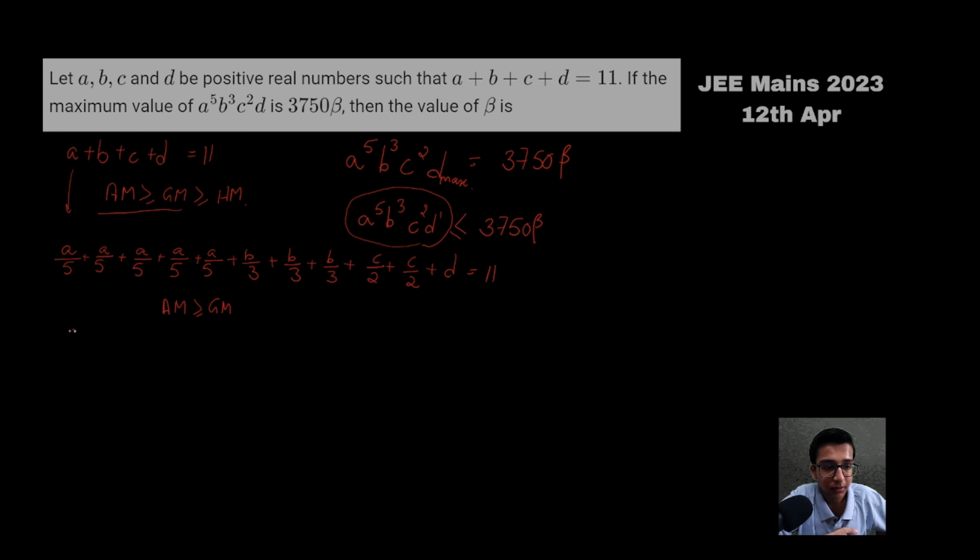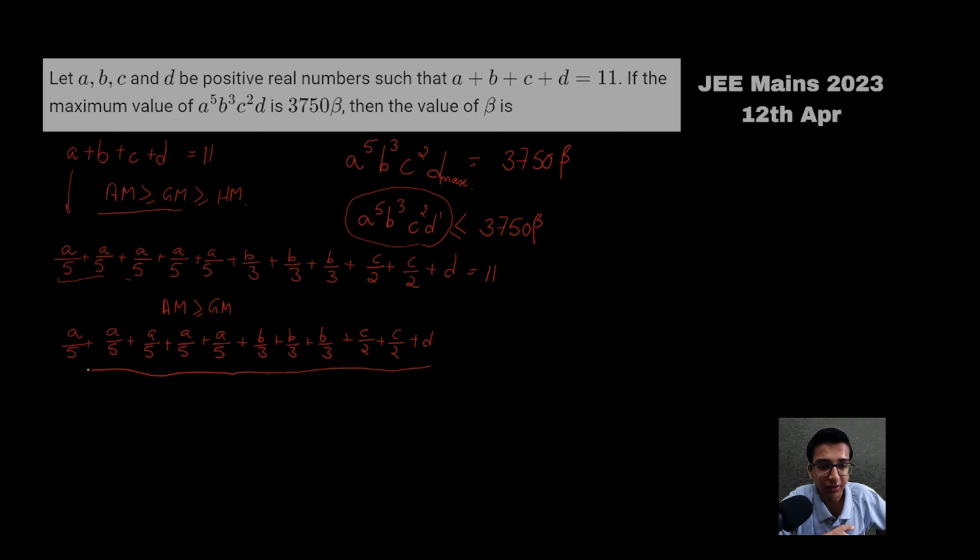So the AM would be a by 5 and so on, plus b by 3 plus, we are writing the arithmetic mean of these 11 numbers that we've just taken out, plus c by 2 plus c by 2 plus d. And to find the arithmetic mean, we need to add all these numbers and divide them by the number of them. So it is 11.